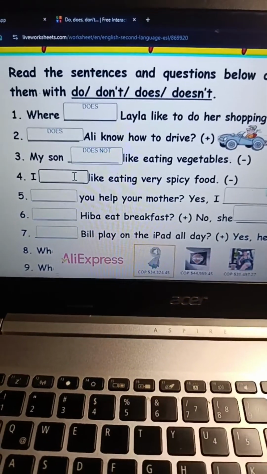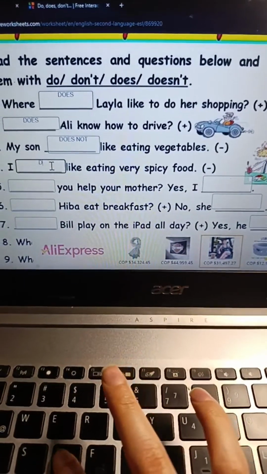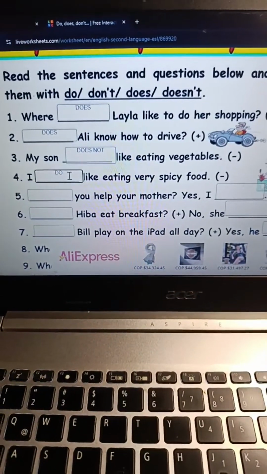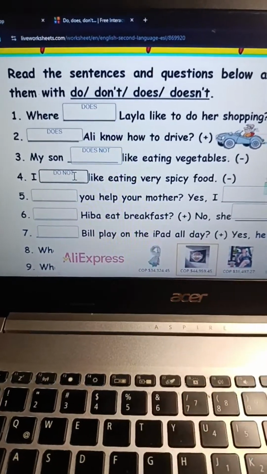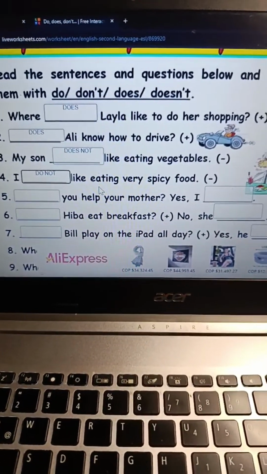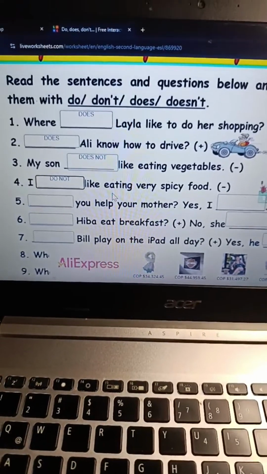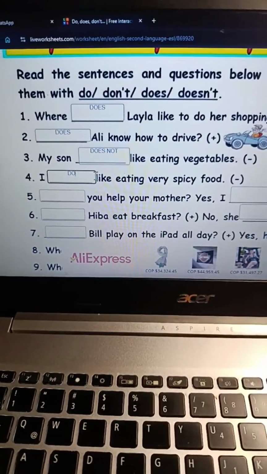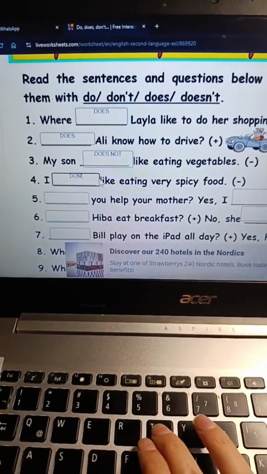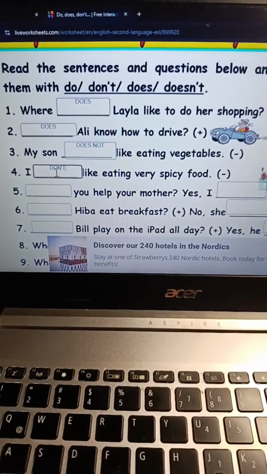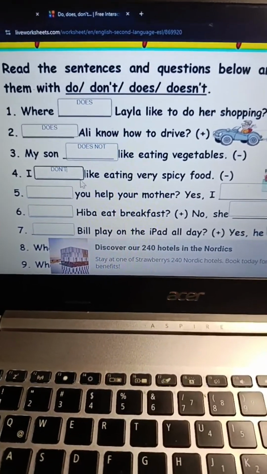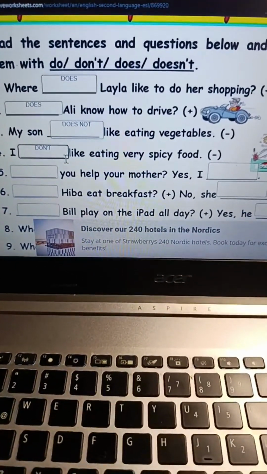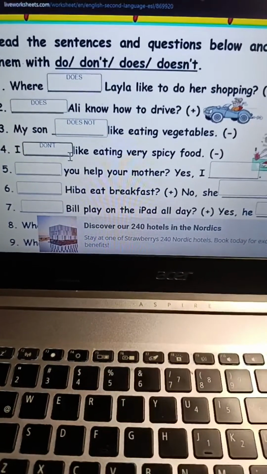So let's say I don't or I do not. I do not like eating very spicy food. Or with the contraction that is super common when we are speaking, don't. I don't like eating very spicy food.